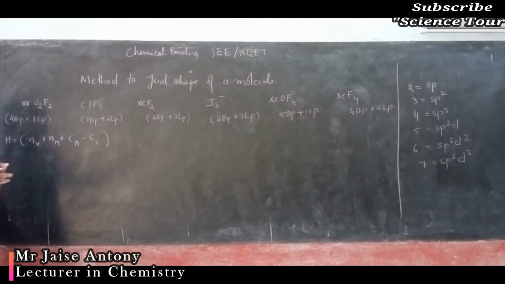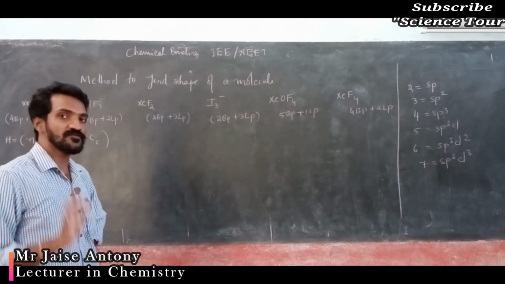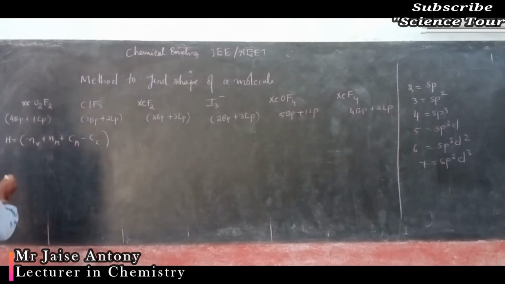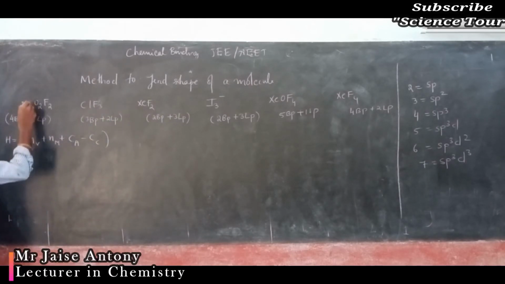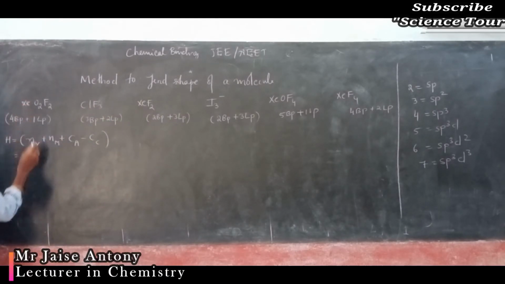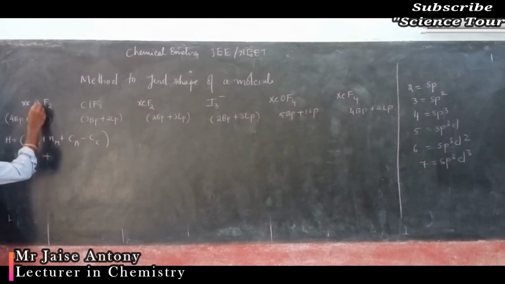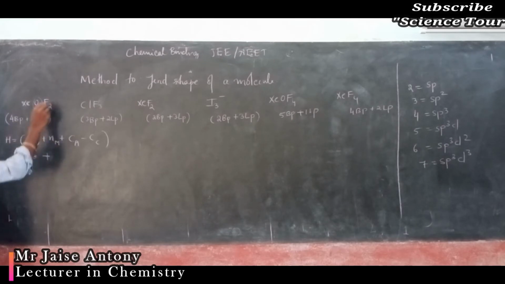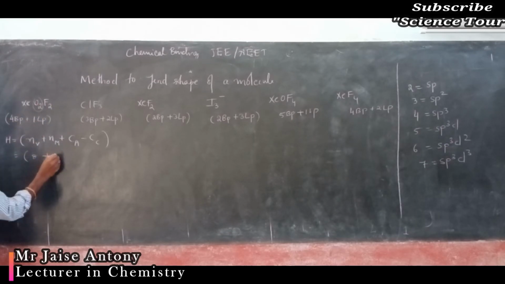This is the formula that I explained in the earlier class. Go through that video, it is clearly given. Here the number of valency electrons of the central atom xenon is 8, plus monovalent atoms. Oxygen is a divalent atom, we are not going to consider divalent atoms. Monovalent atom is 2, so 8 plus 2.